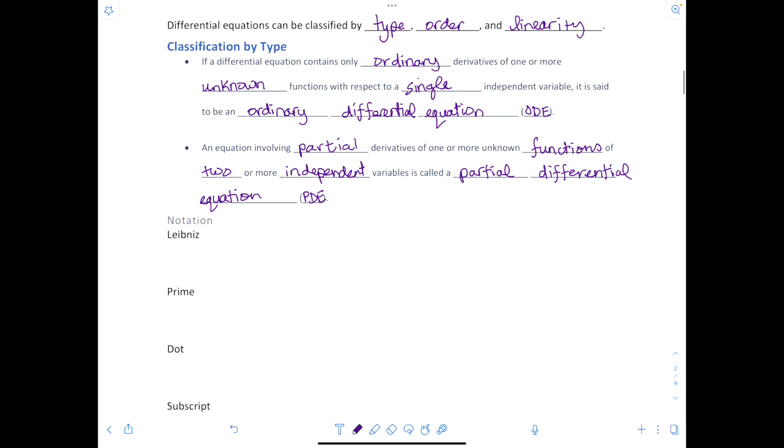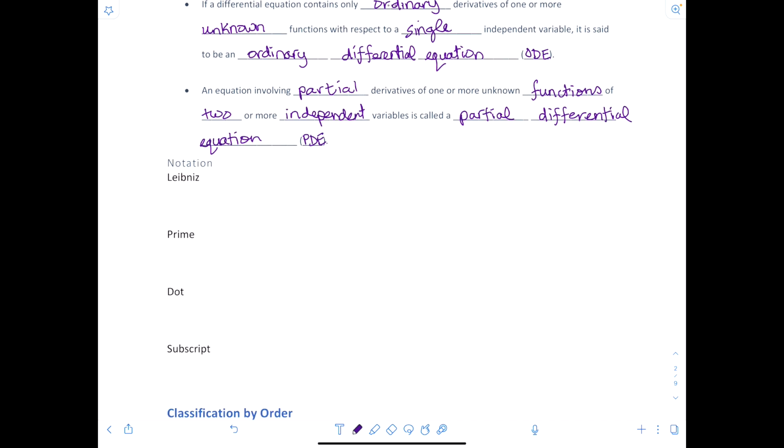Now, notation. Leibniz notation is very useful because you know exactly what variable you're differentiating with respect to.